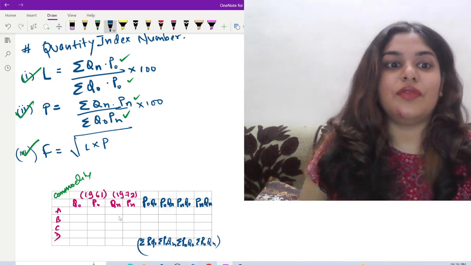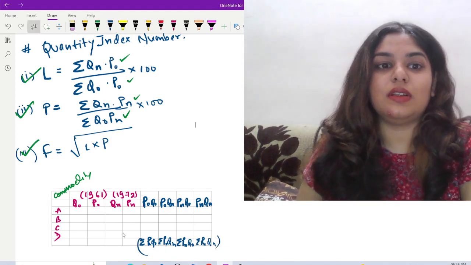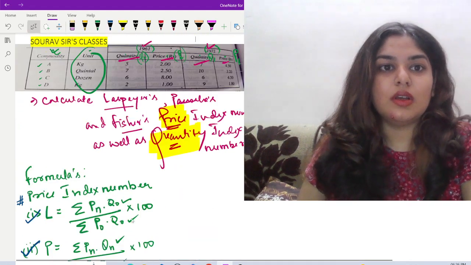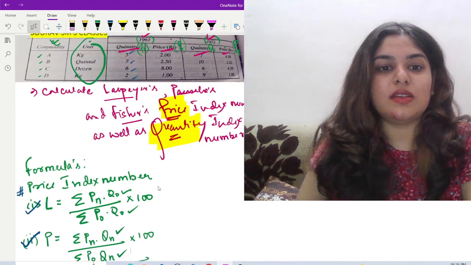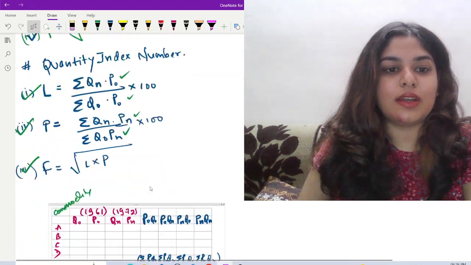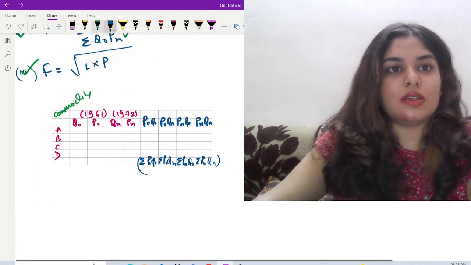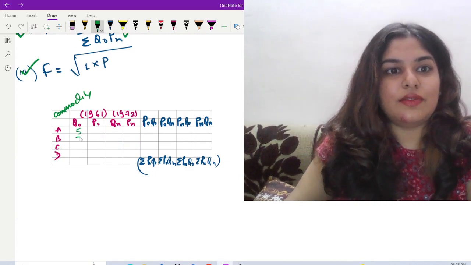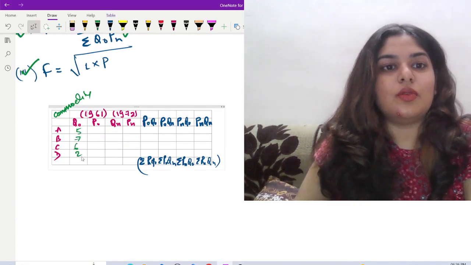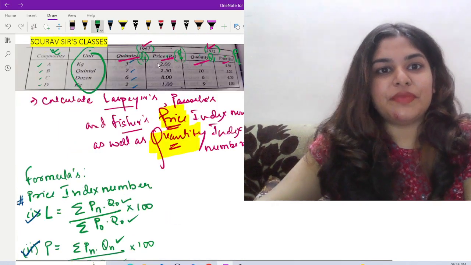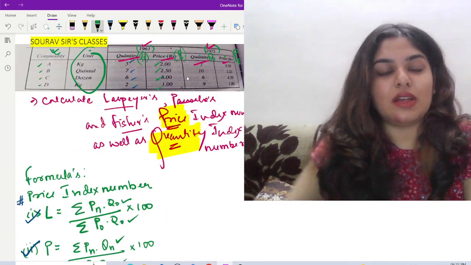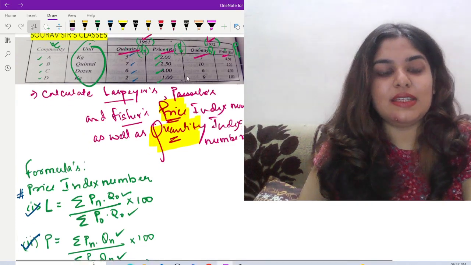Now first let us fill the table as per given in the question. The numbers given are 5, 7, 6, 2. So all the base year quantities are 5, 7, 6, 2. Write down. Next is our base year price, that is 2.5, 8, 1.